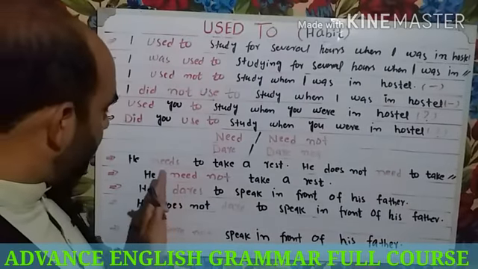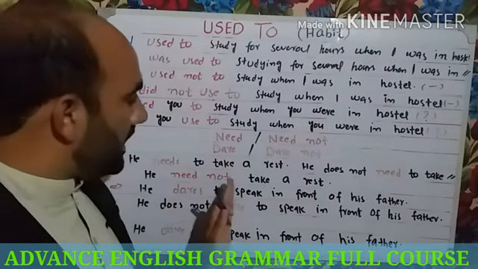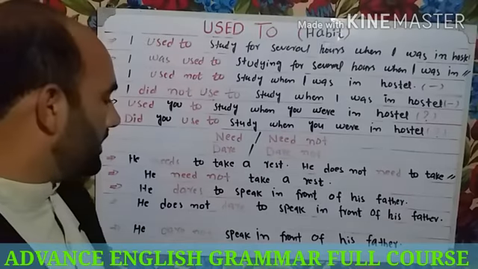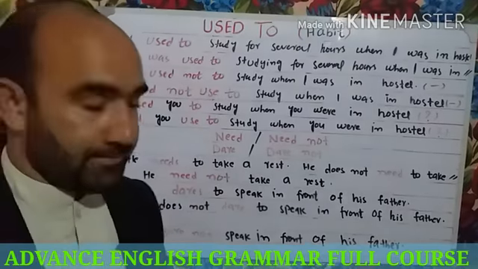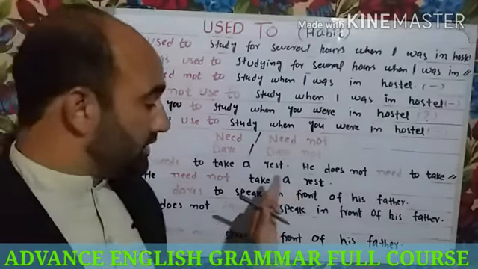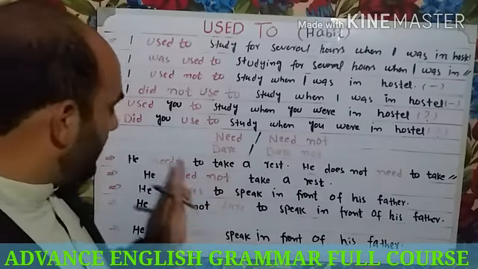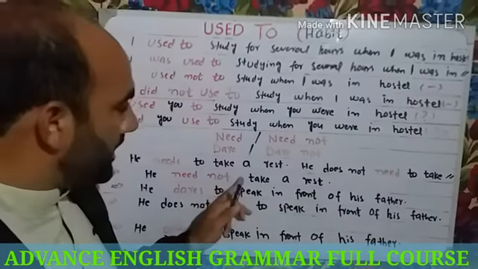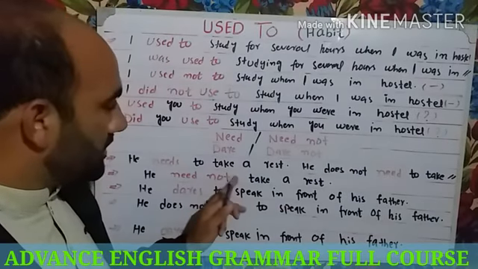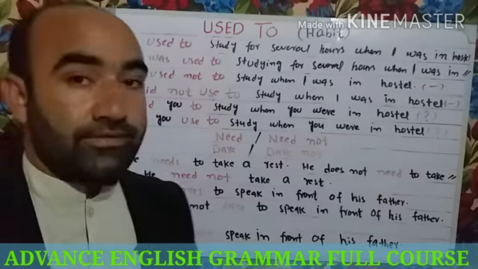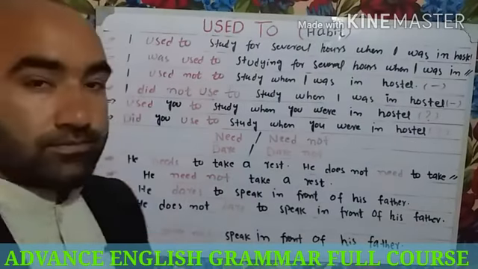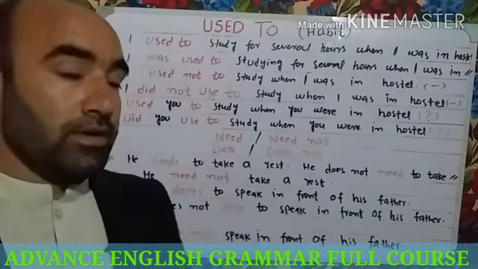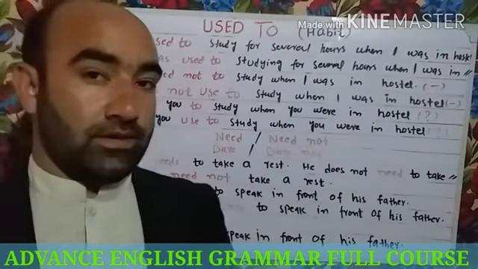Another way is he need not take a rest. In this condition, we will not put the s again, and we will not put the infinitive to plus base form, only the base form of the verb.